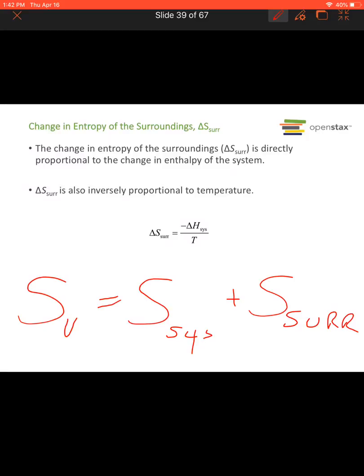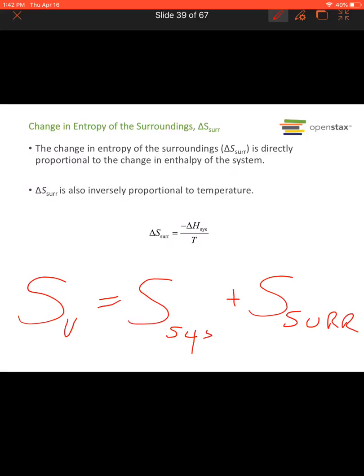The system, which was the cue ball, lost 5 kilojoules of energy into the surroundings, 2 into the table, and 3 into the other ball. And so in order for that chemical process to be spontaneous, the total value of delta S of the universe is going to have to be greater than 0.